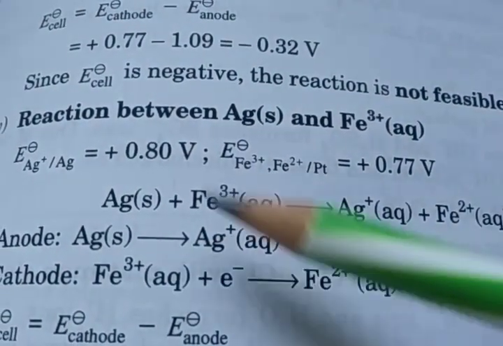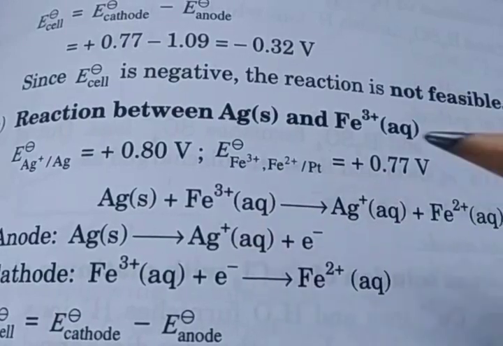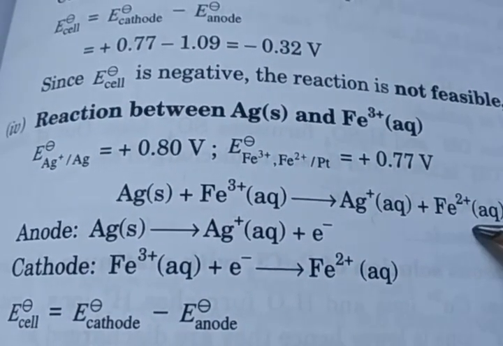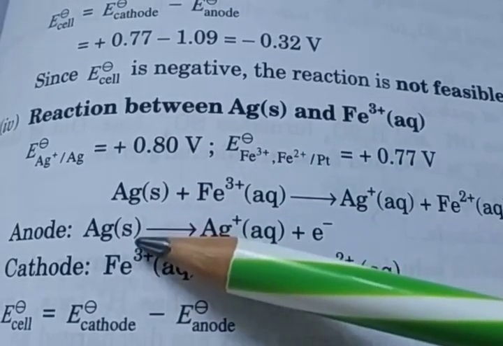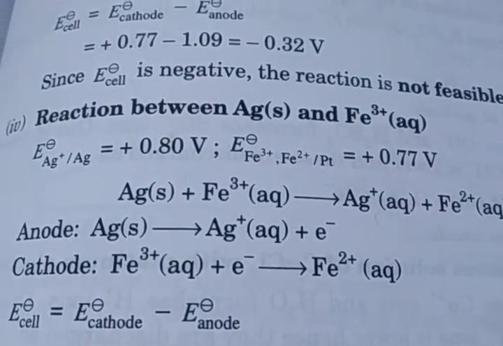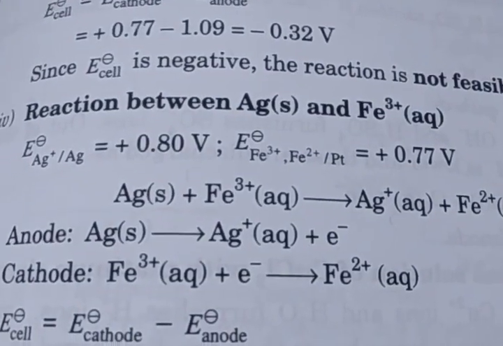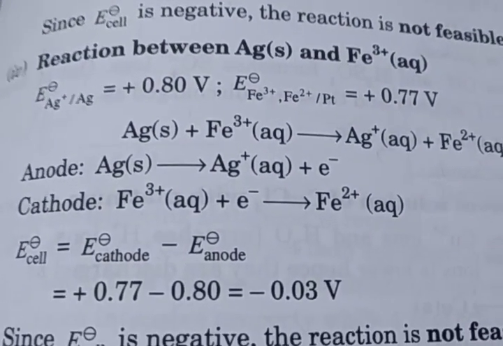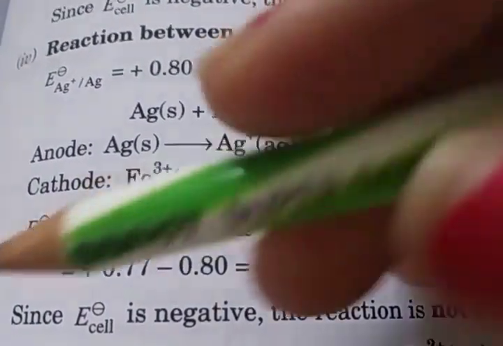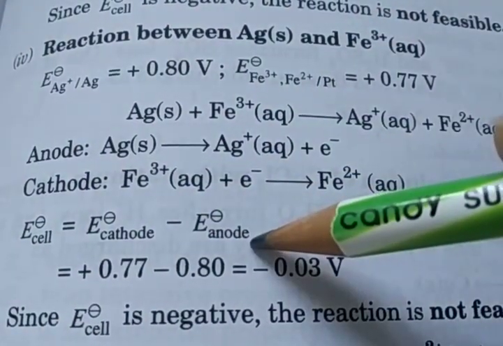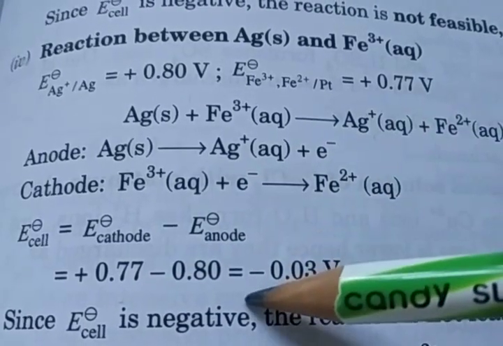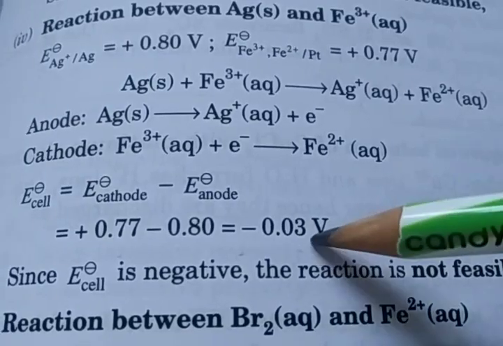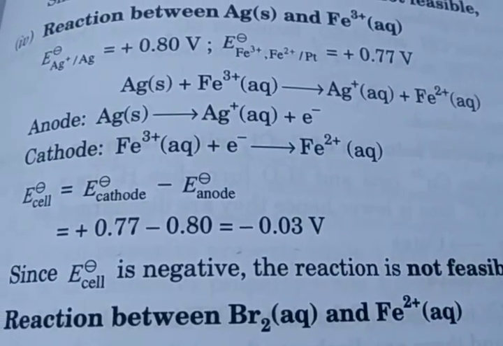Ag converts into Ag+ and Fe3+ converts into Fe2+. At the anode, silver loses an electron and converts into Ag+, and at the cathode, by gaining an electron, Fe3+ converts into Fe2+. So the cell potential is E cathode minus E anode, 0.77 minus 0.80, which is minus 0.03 volt. The value is negative, so the reaction is not feasible.